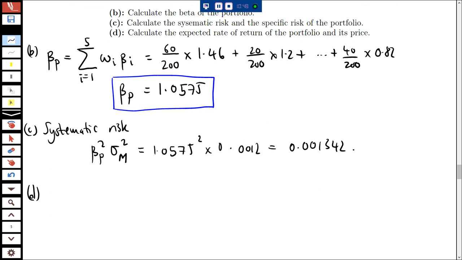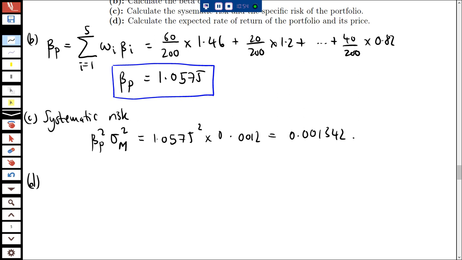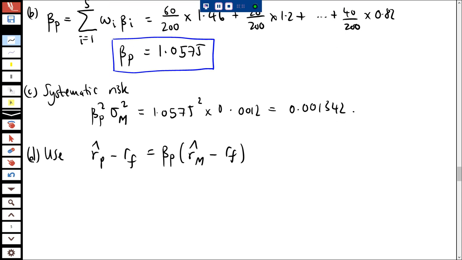Okay, so the expected rate of return of the portfolio using the security market line in this case. Okay, so we're going to use this equation, standard equation.